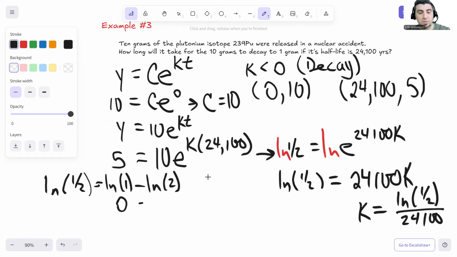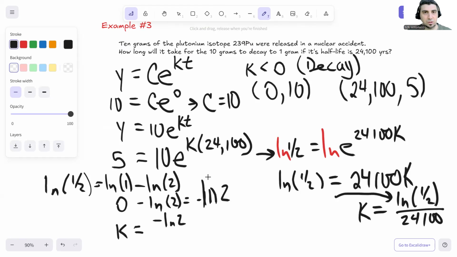Natural log of 1 is 0. So you would just have negative natural log of 2. Also, sometimes the half-life formula for k is written as negative natural log of 2, which is what we have right here, because natural log of 1/2 is the same as negative natural log of 2, divided by h, which is the half-life.